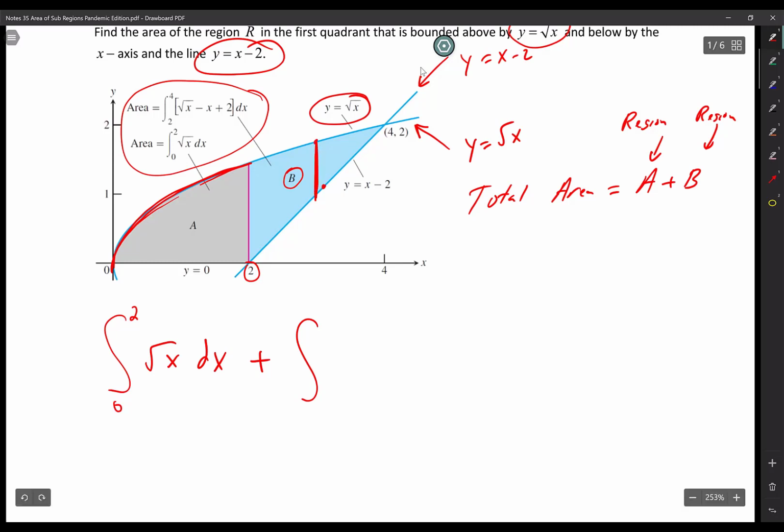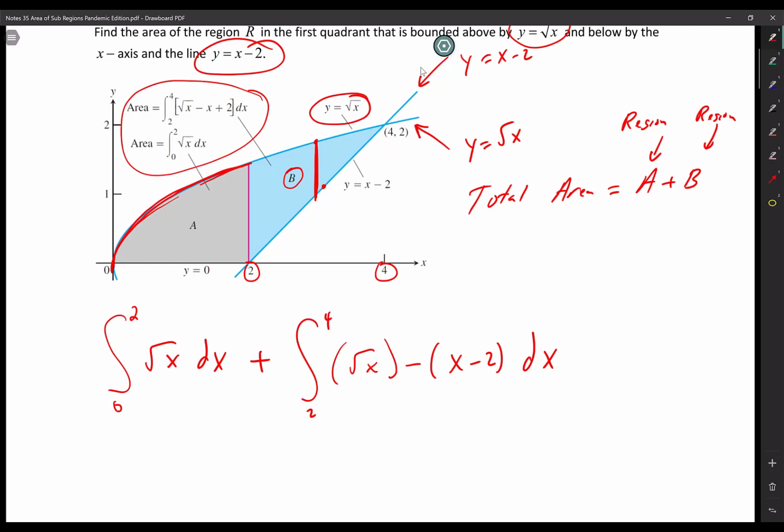To help you out with which one's upper and which one's lower, I just draw a little line and pretend that's a rectangle there, like a dx there. And you can tell which one's upper: it's the square root curve. And the lower is the x minus 2 curve. And from what to what? From 2 to 4. Put a dx.